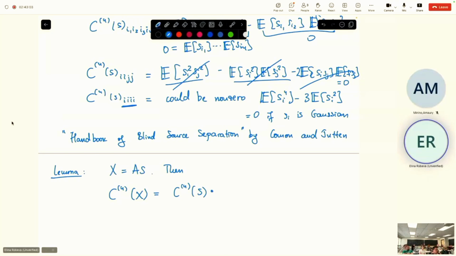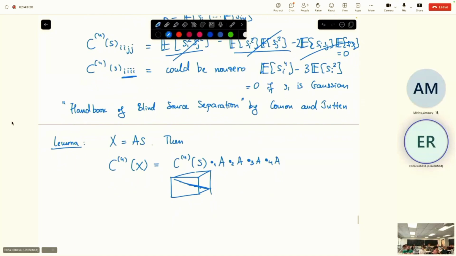C4 of S, as I said, is a diagonal tensor, which I can't quite draw here, but you can imagine it's a tensor whose only non-zeros are on the diagonal. You take this tensor and multiply it by the matrix A along all 4 modes. I will also define this formally in a second. So how does it work?